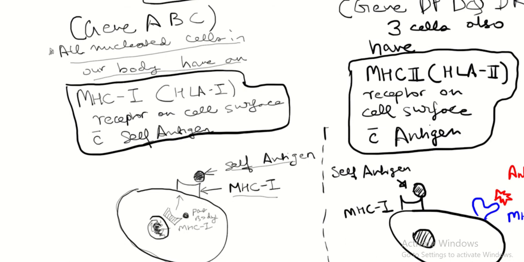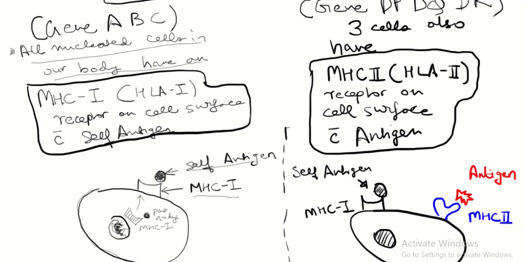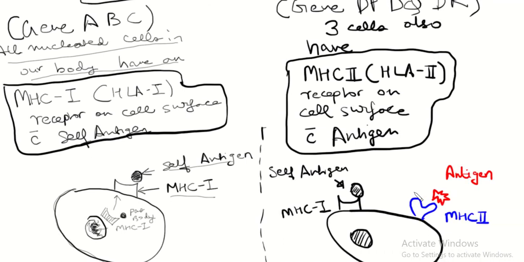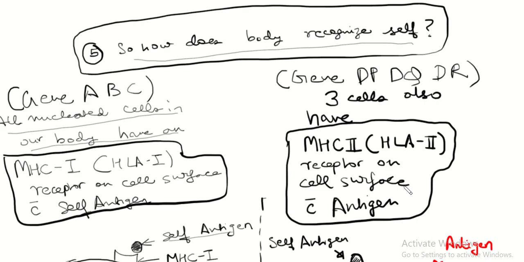Now, there are three exceptions to this rule. Or they're not exceptions, but there's an additional rule added on. These three cells are immune cells, and they have not only MHC1, but they have another marker, which is the MHC2 marker.